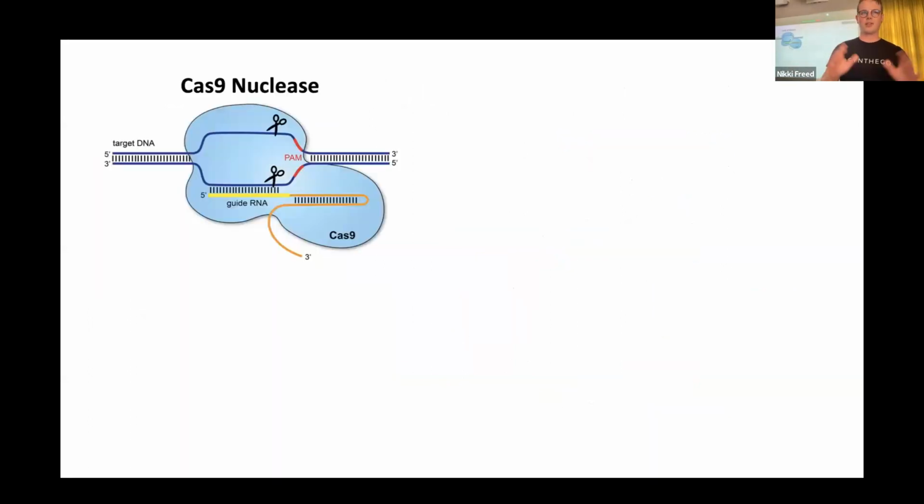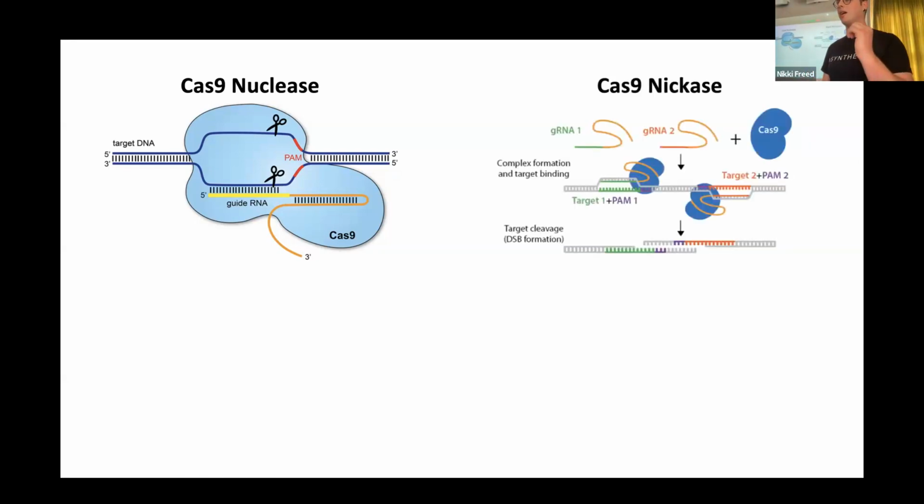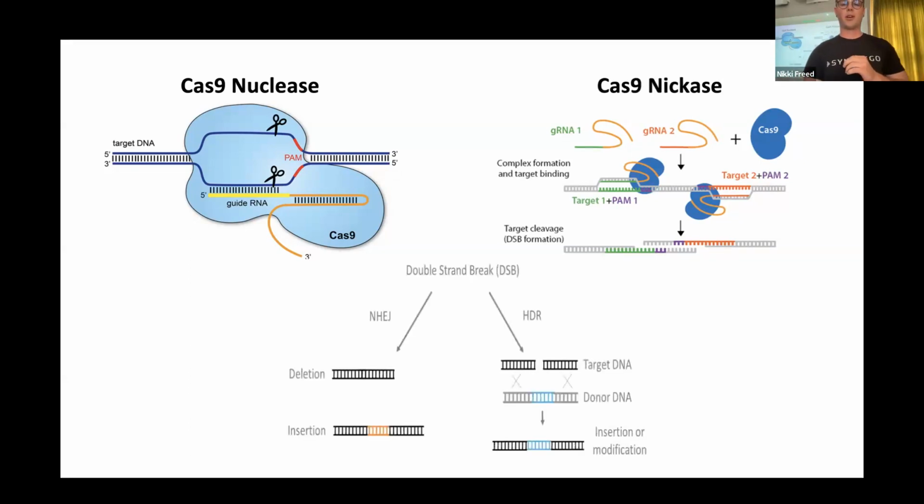Just a quick background on CRISPR-Cas9, if you're unfamiliar. Cas9 is a targetable nuclease, so it causes a double-stranded DNA break almost anywhere in the genome, defined based on the guide RNA, which is a user-defined sequence. So Cas9 nuclease causes a double-stranded break. We can also use Cas9 nickase to induce a single-stranded break, and if you put 2 of these in close proximity, you can cause a staggered double-stranded break. And in human cells, there's 2 main repair pathways of double-stranded breaks.